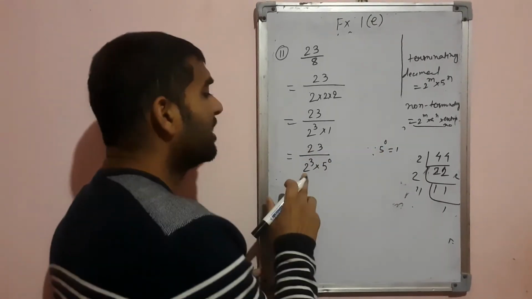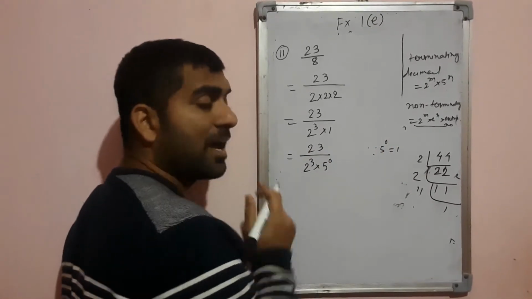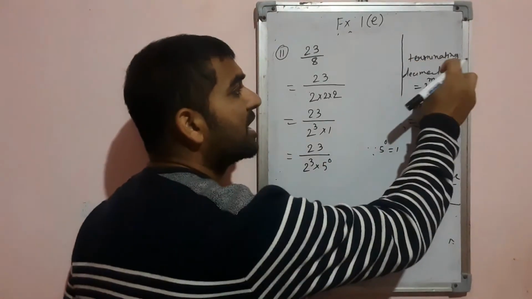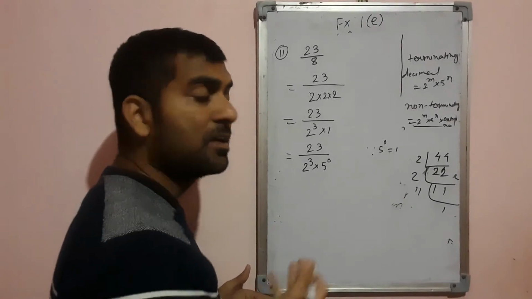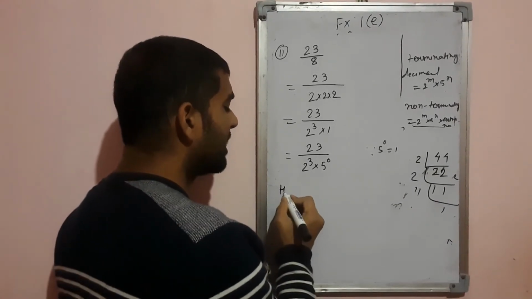Now you see that you are getting only 2 and 5. So you know, looking at this, a terminating decimal always has only 2 and 5, no extra number. So what will be the conclusion here?